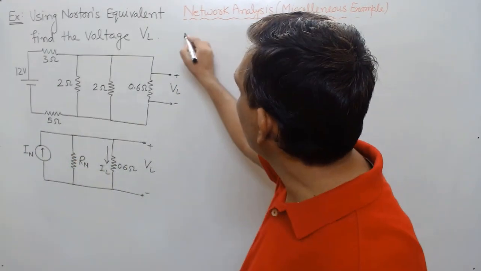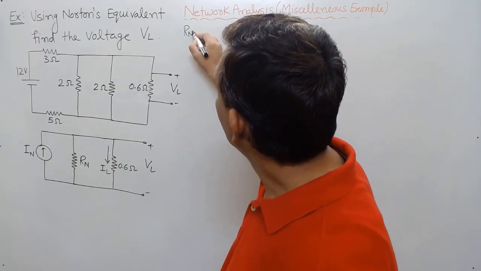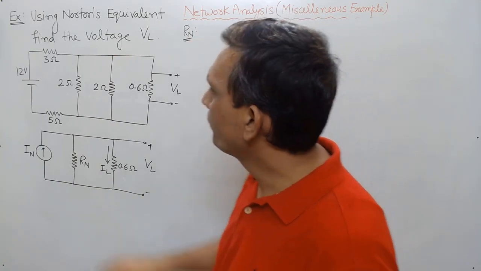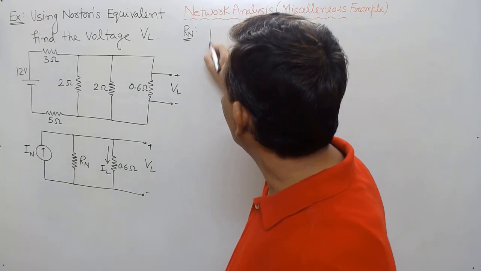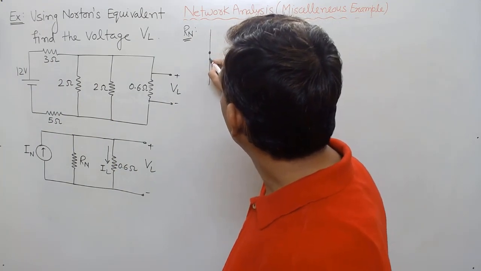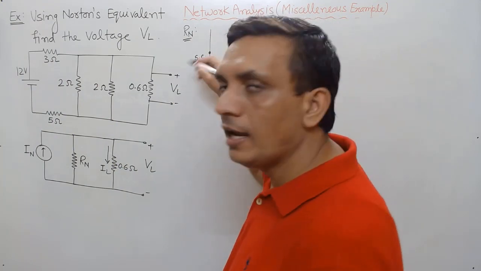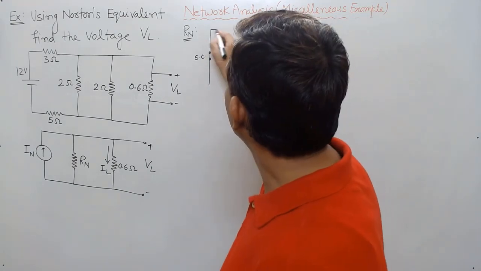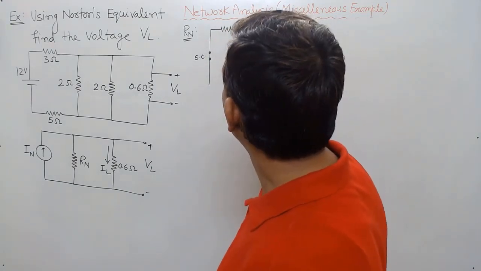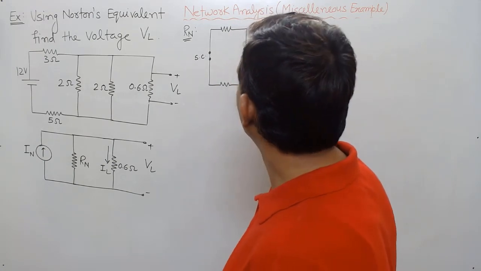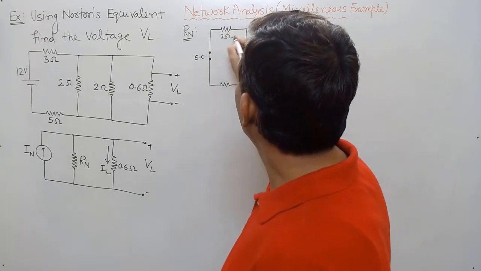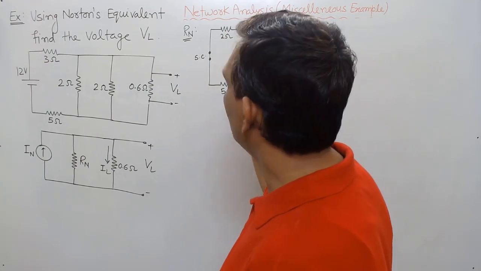So you know the equivalent for RN. What will be the equivalent for RN? You have to short the voltage source. So let us see the equivalent. Short the 12 volt source. So this is 3 ohm, this is 2 ohm, and this will be 5 ohm, 2 ohm, 5 ohm.